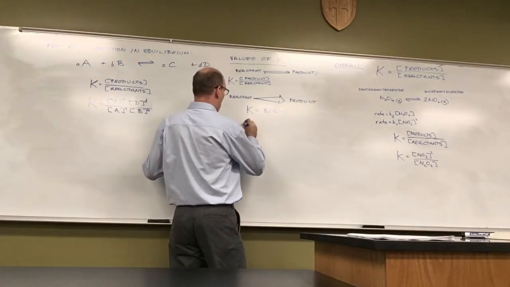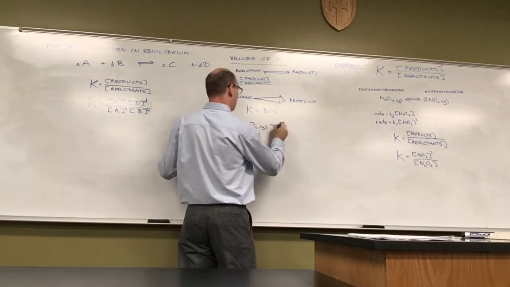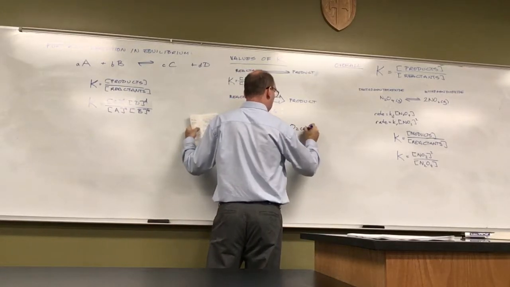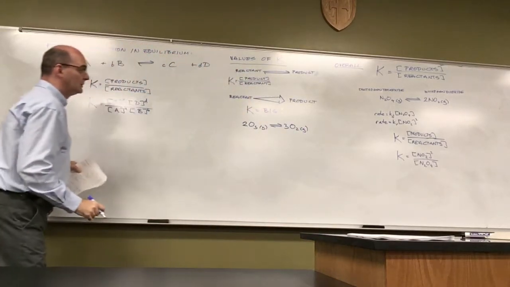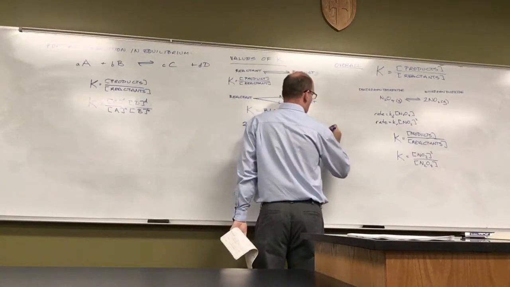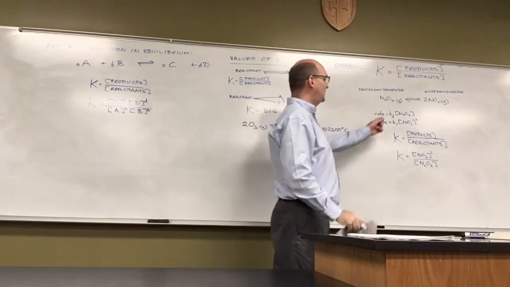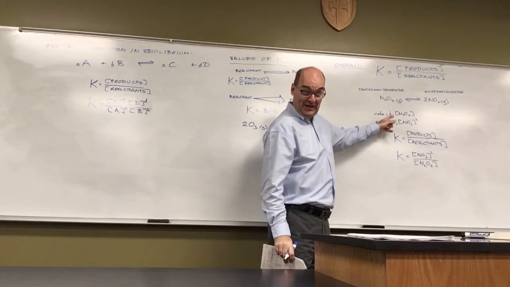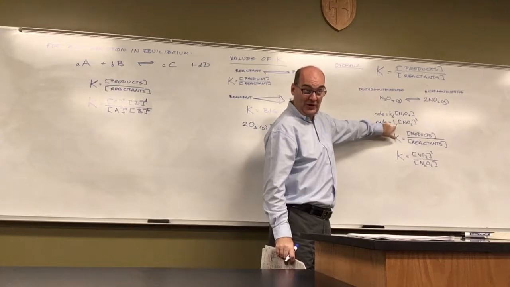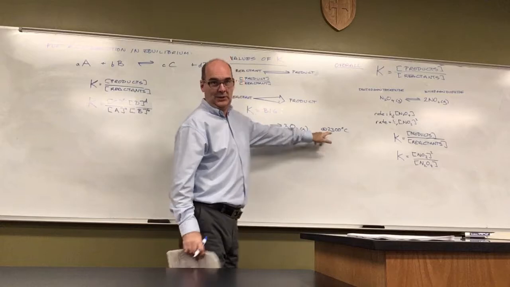The breakdown of ozone. I got two ozones in the gas phase. So two ozones making 3 dioxygen molecules, and just like we saw with kinetics, where we had to quote a temperature when talking about the rate constant, we are going to need to quote a temperature when talking about the equilibrium constant.